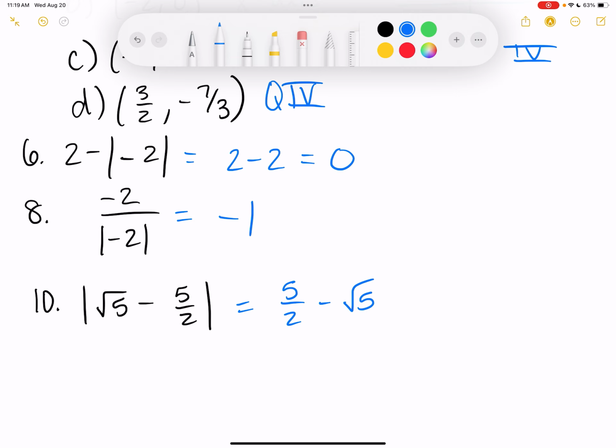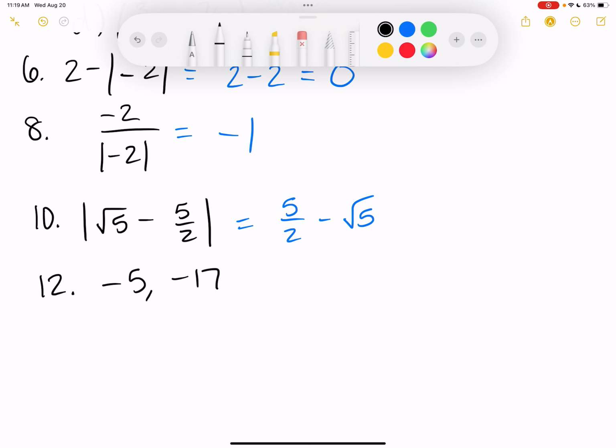Okay, so the next ones are distance problems. So obviously we can just have two numbers on a number line and find the distance between them, or we can have two coordinates and we need to find the distance between the 2 points on a graph. So the easier one is if we just have a number line. So something like 12 where we have -5 and -17.